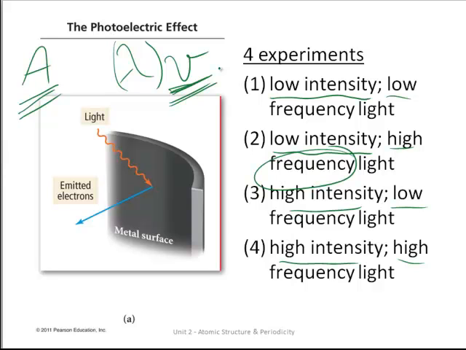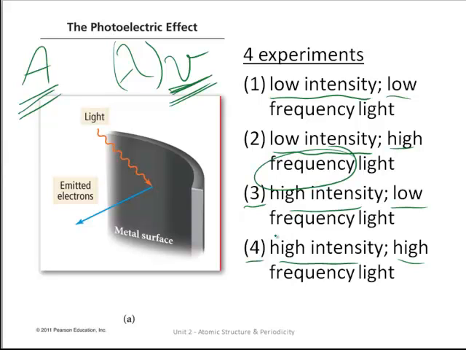Okay, so if you just think about amplitude determining energy, you would think that both experiments 3 and 4 would emit electrons from a photoelectric material, and that perhaps the frequency wouldn't make much difference.